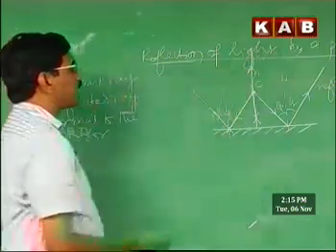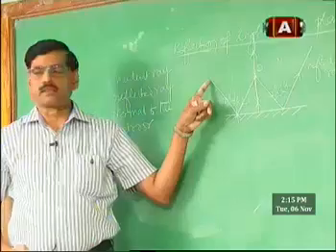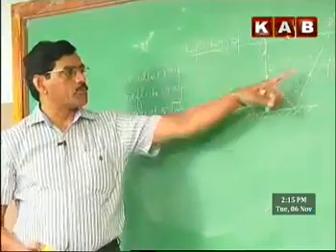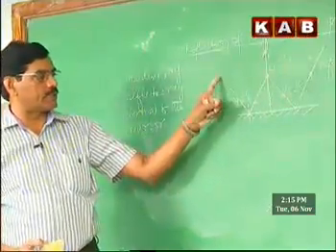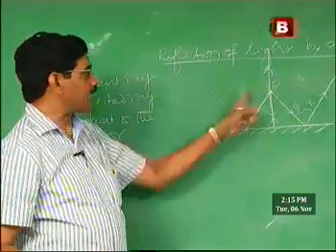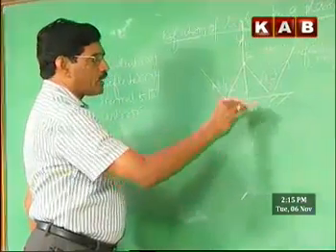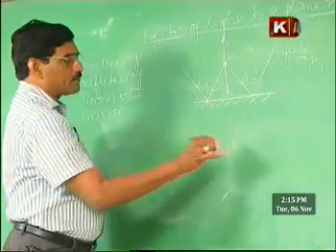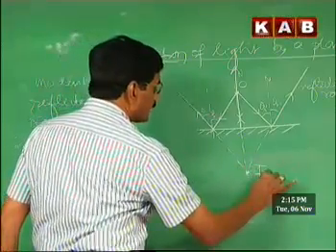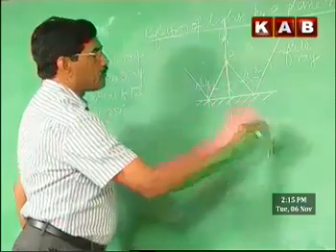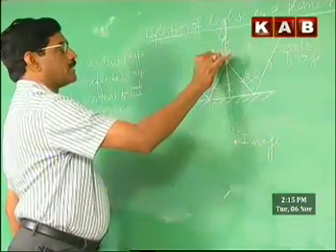Where these reflected rays actually meet, that produces the image. But as these rays are divergent, they cannot meet at any point, but when extrapolated, they appear to be coming from a point. This is what we call the image corresponding to this object.